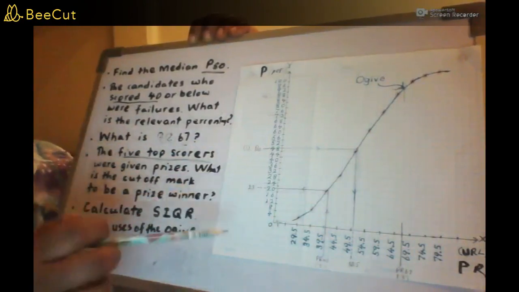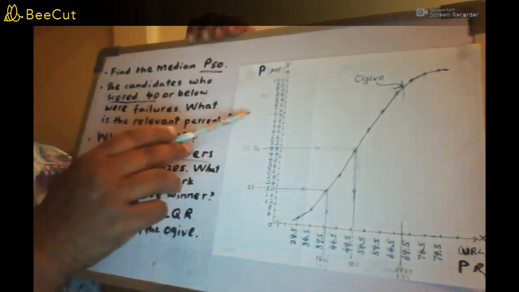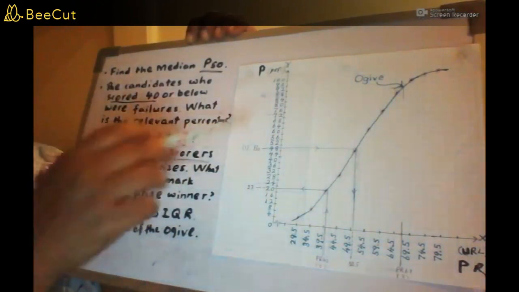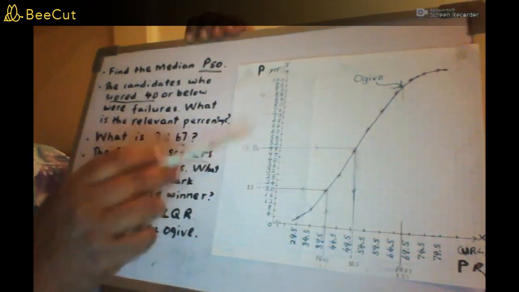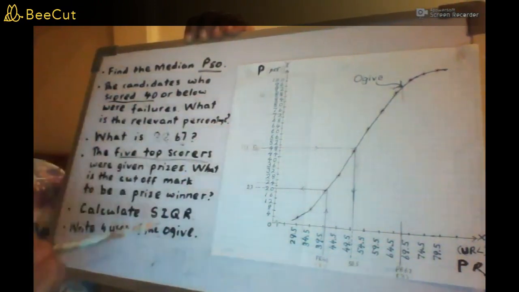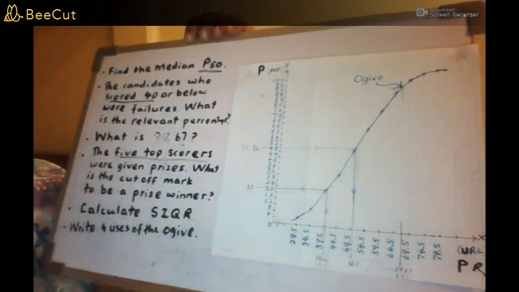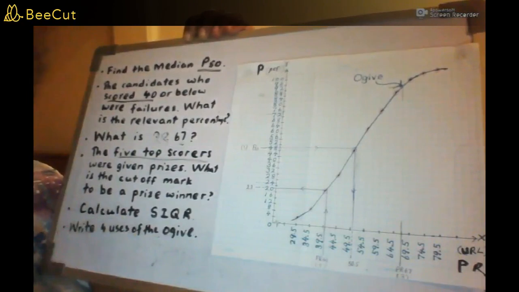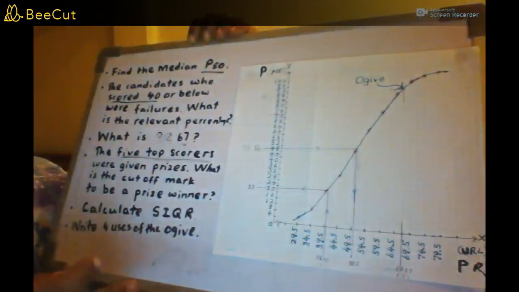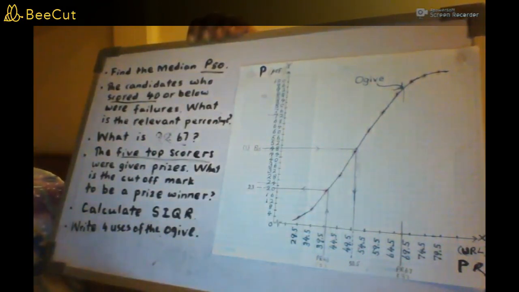Another advantage, we can find P25, P50, the median, and P75. We can calculate the IQR and the SIQR. Those are some of the advantages of the ogive. We can calculate percentiles and percentage ranks. Likewise, you can write the uses of ogive.